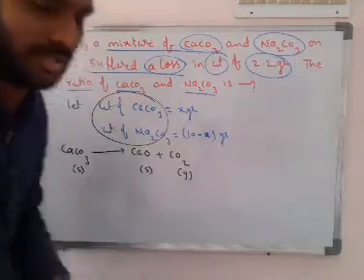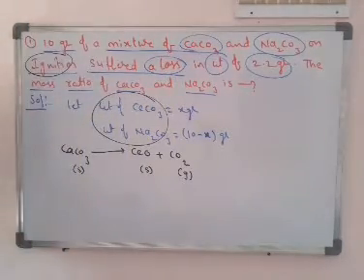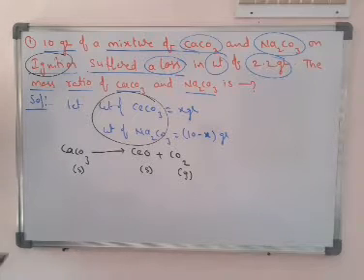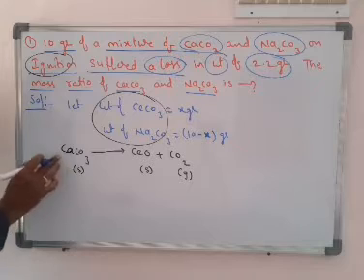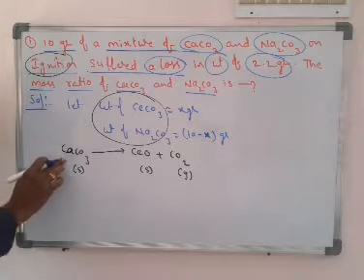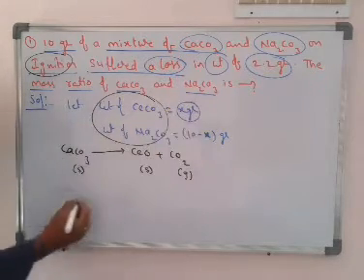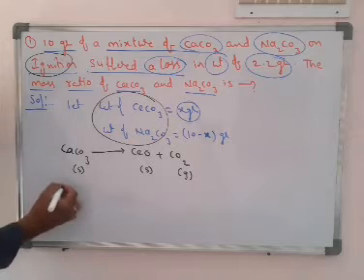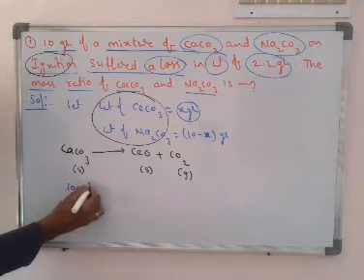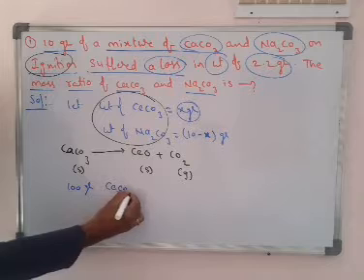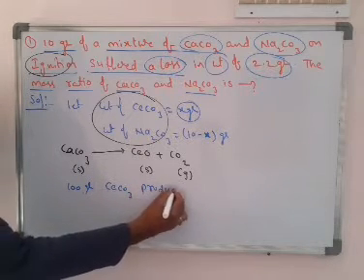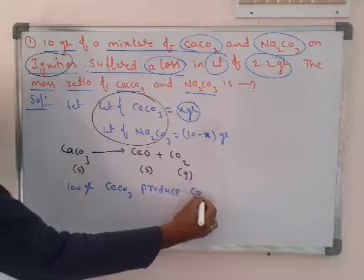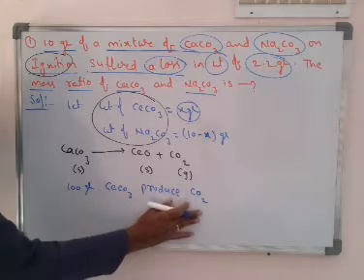See here, how many grams of calcium carbonate? We don't know, but we have taken it as x grams. According to the reaction, 100 grams of calcium carbonate produces 44 grams of CO2. Why are we taking only carbon dioxide?